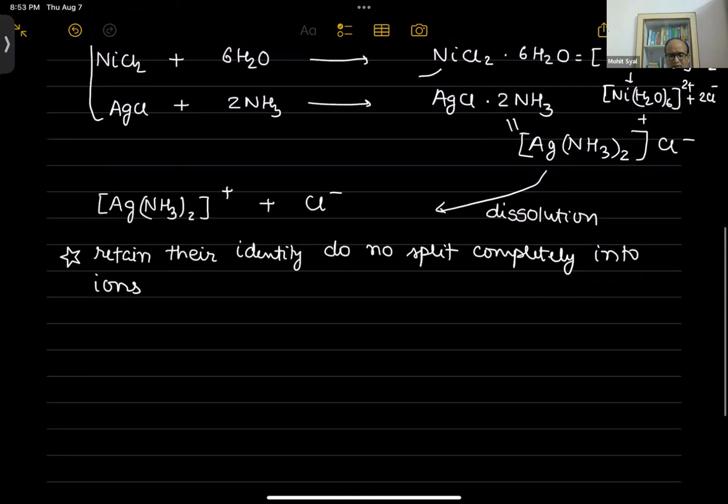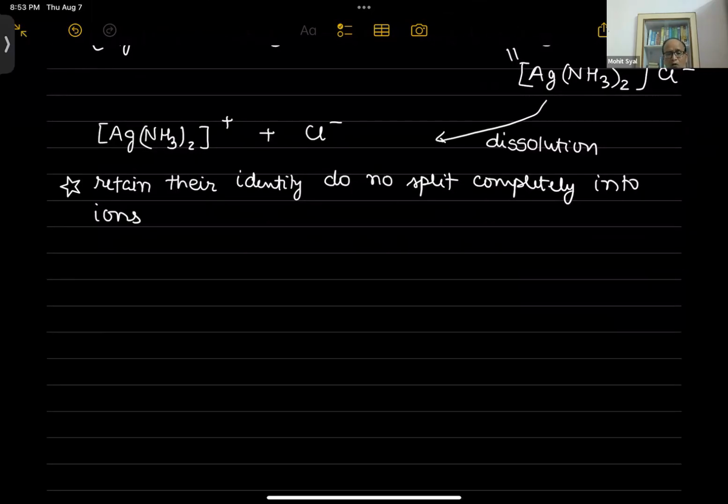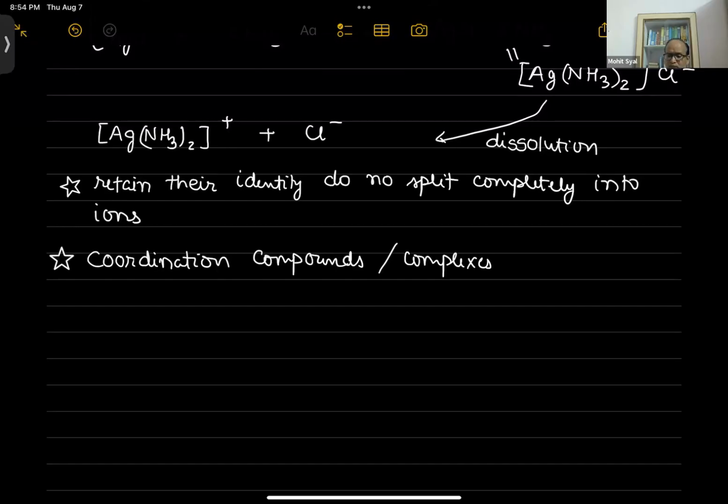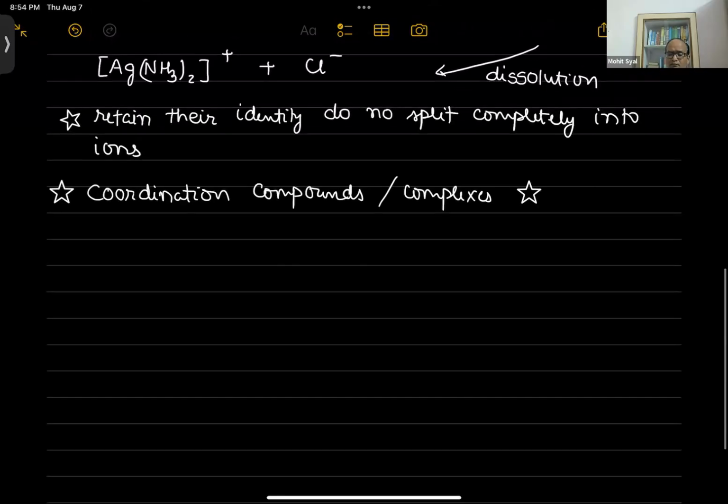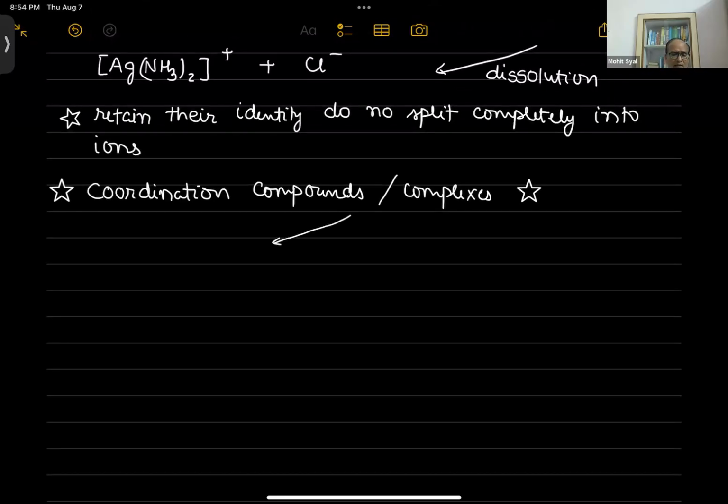Now these coordination compounds are also known as complexes, which is the other name for coordination compounds. Complexes can be perfect or imperfect.